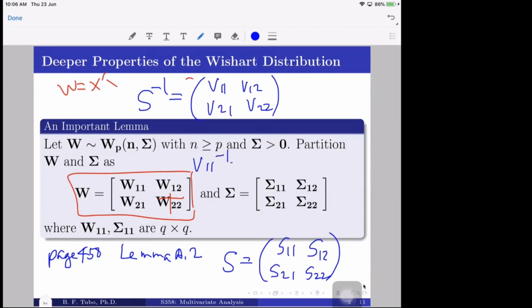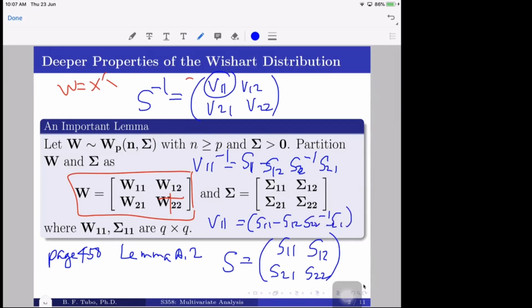V11 inverse is equal to S11 minus S12, S22 inverse, and S21. So the inverse of this is equal to that. So actually V11 is the inverse of S11 minus S12 S22 inverse S21.